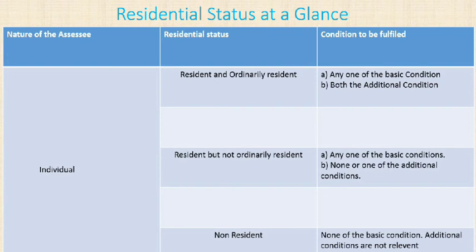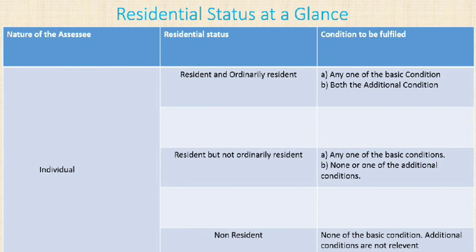Then the second one, resident but not ordinary resident. What are the conditions he has to fulfill? If he has satisfied any one of the basic conditions and none or one of the additional conditions, his residential status is resident but not ordinary resident of India.